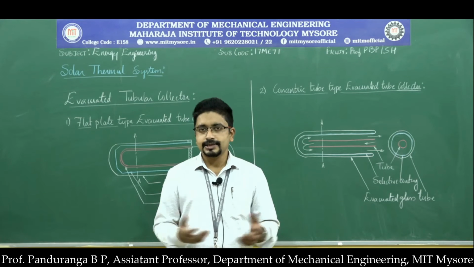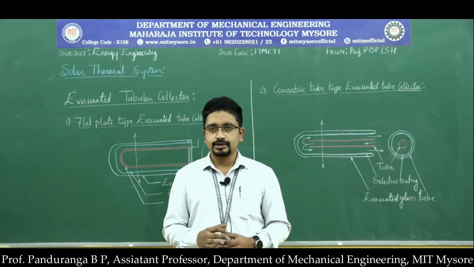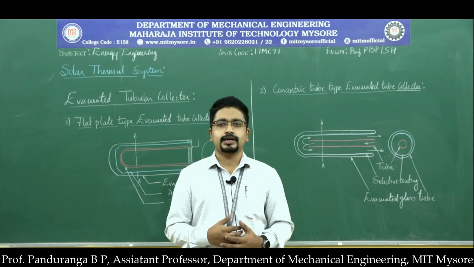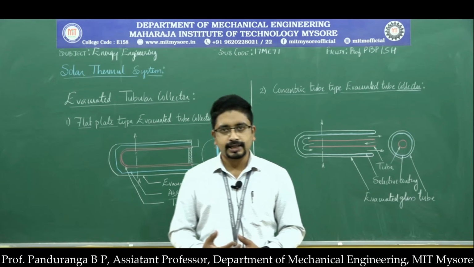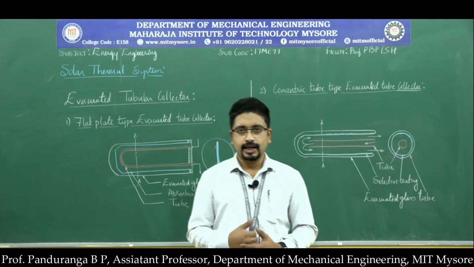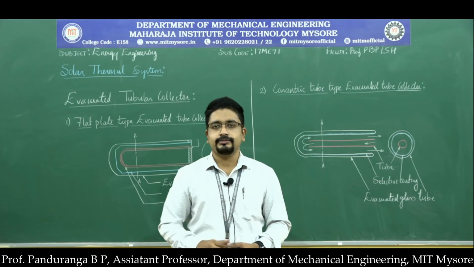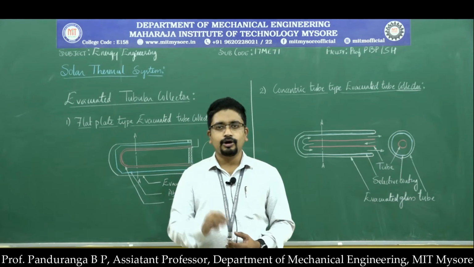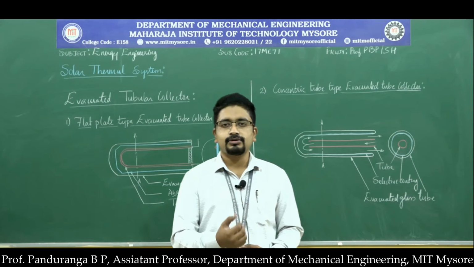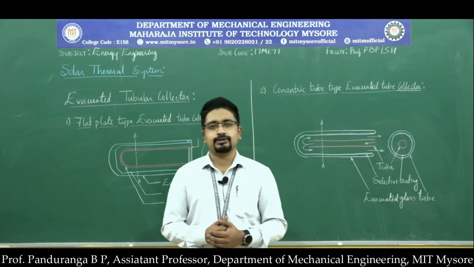Then we are using insulation, but none of the insulators are perfect, so we lose a certain amount of energy. So there are a lot of drawbacks with the flat plate collector, and we have a glass panel which needs to be cleaned periodically, otherwise the accumulation of dust over the glass panel will also result in less energy being absorbed by the absorber plate as well as the tube.